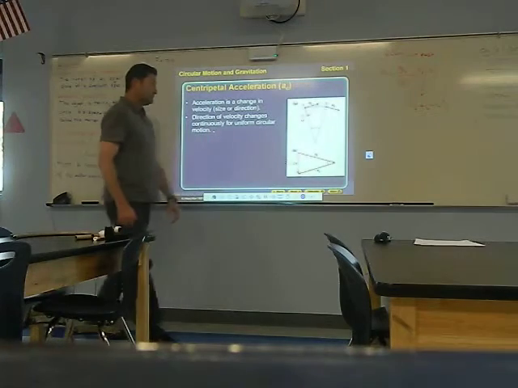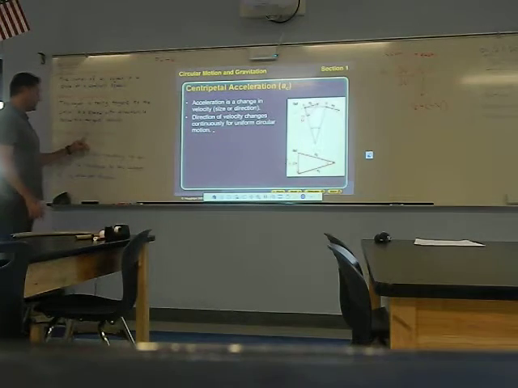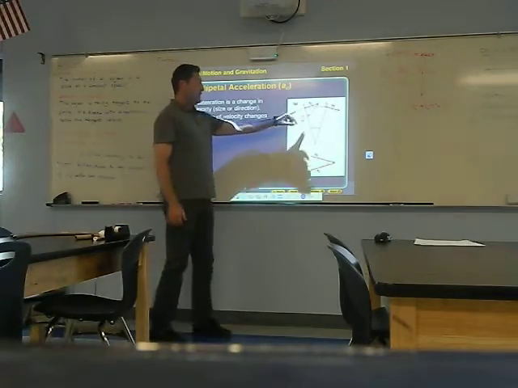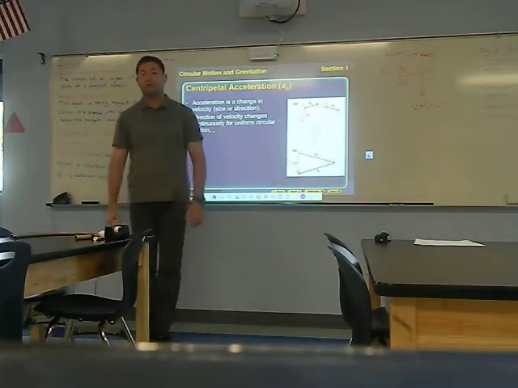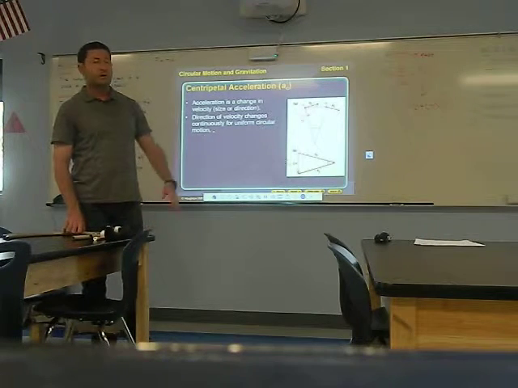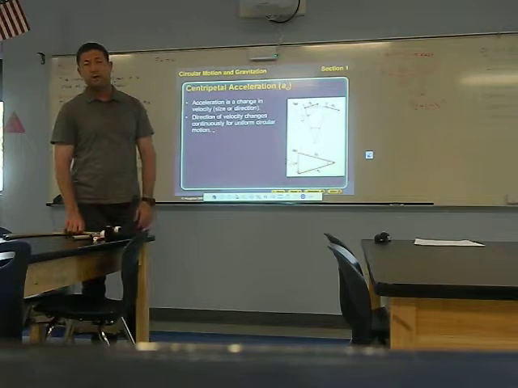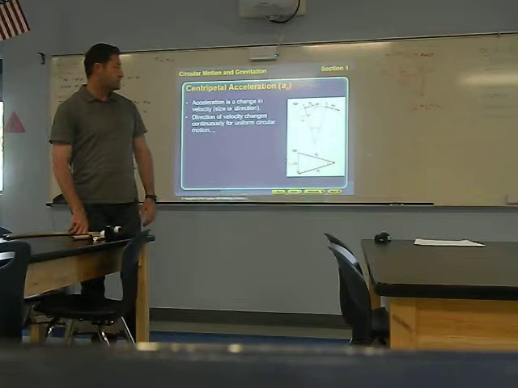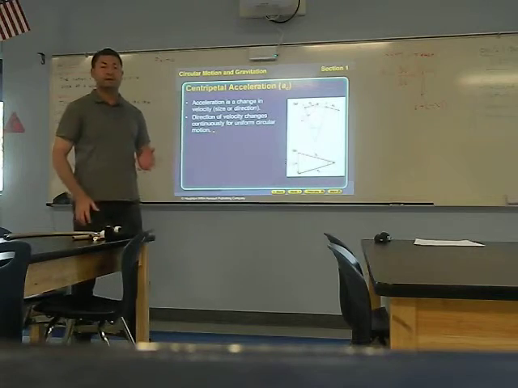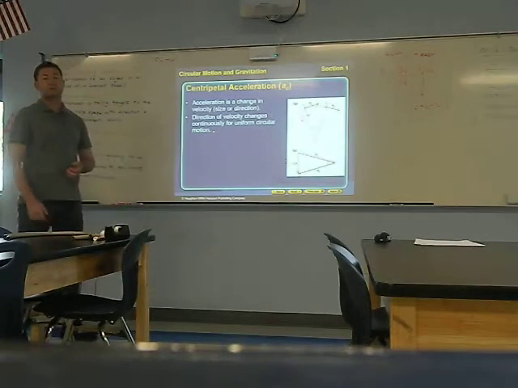Then we jumped to centripetal acceleration and force, and we know that velocities are vectors and they have directions. So when you use the change in velocity formula, we learned that the acceleration is pointing toward the center, and that's why we call it centripetal acceleration and centripetal force.